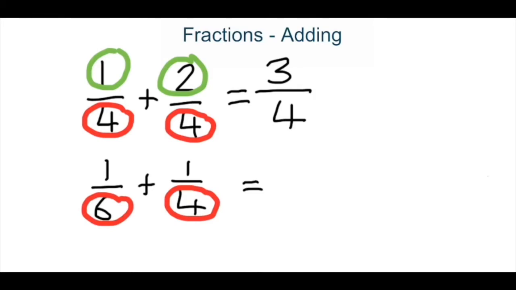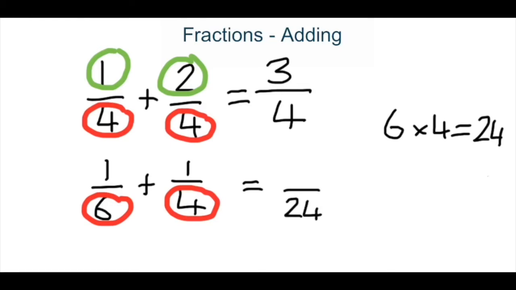The trick to find this is to times the two denominators together. So 6 times 4 is 24. So we want to get two fractions that both have the denominator of 24, and then we'll be able to add them together.